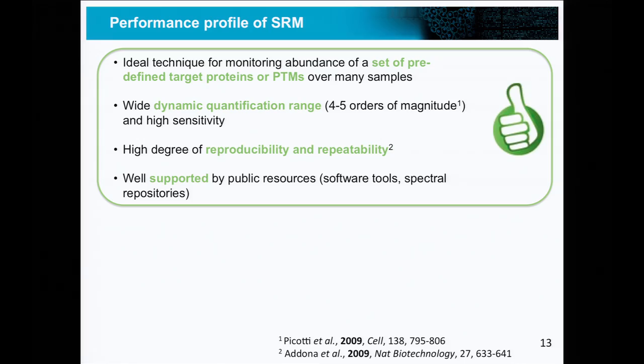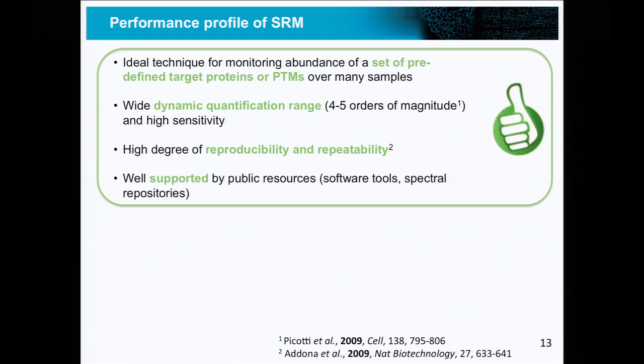Okay, so just to quickly summarize once more the performance profile of SRM. The advantages of SRM are shown here in this green box. SRM is the ideal technique if you want to monitor the abundance of a set of predefined target proteins or predefined PTMs, and if you want to do this over many samples.